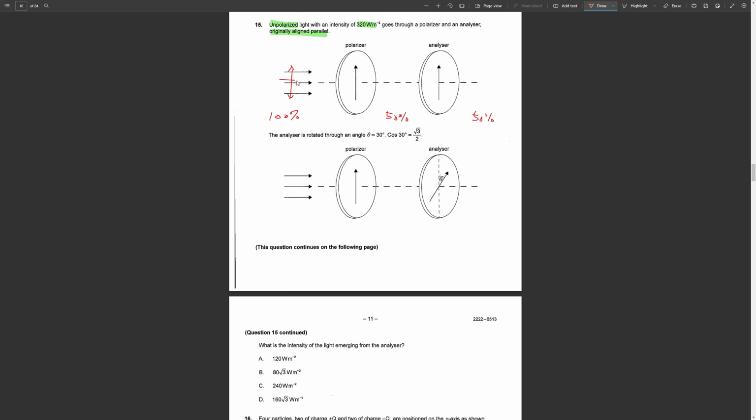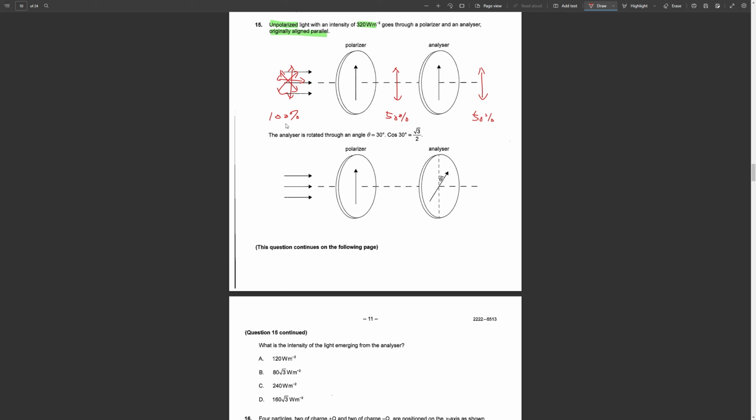Because the original light was unpolarized, half of the energy would pass through, and it is vertically polarized, which is in parallel with the transmission axis of the analyzer, and it will be completely going through the analyzer. Nothing is blocked.